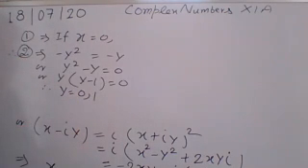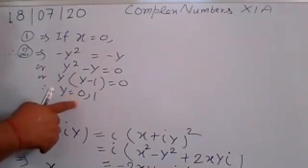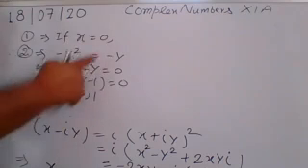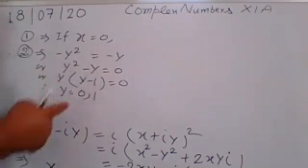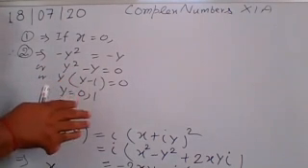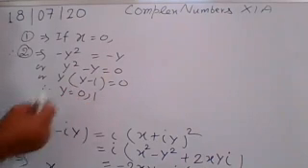But your question is to find the non-zero complex number. If x is equal to 0 and y is equal to 0, that is a zero complex number, so that is not taken. So your first complex number becomes: x is 0, and y is equal to 1.